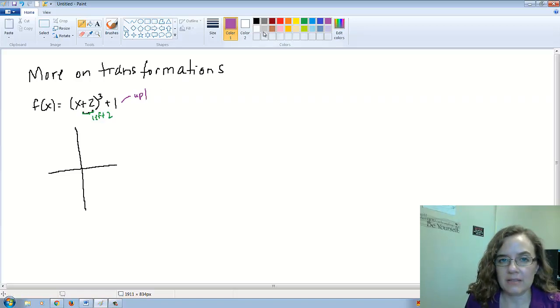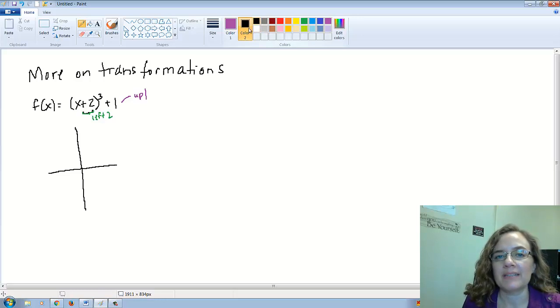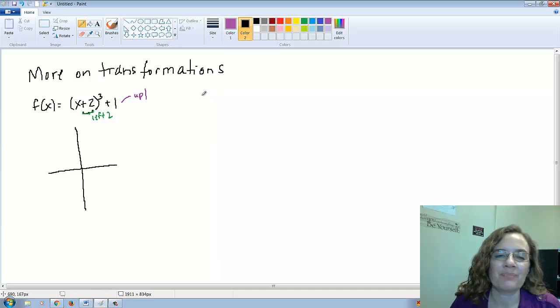Now technically we don't really need that, but we have that knowledge, so it can help us when we go left 2 and up 1. That's our midpoint of this graph.